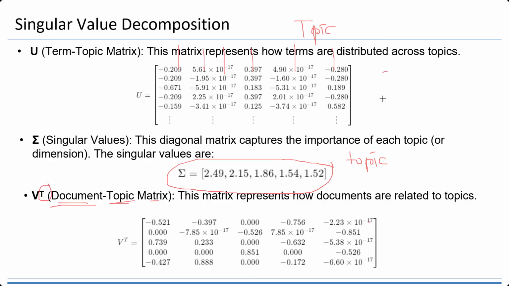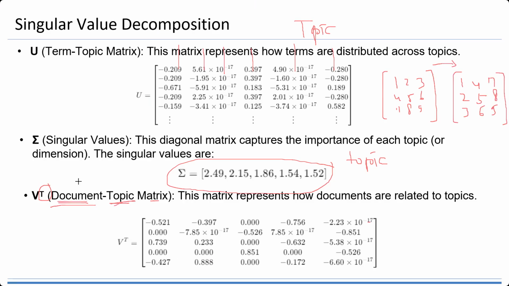Let's say we have the matrix 1, 2, 3, 4, 5, 6, 7, 8, 9. The transpose is 1, 2, 3, 4, 5, 6, 7, 8, 9, rearranged. The first one is row and column, and when we transpose, it becomes column and row.